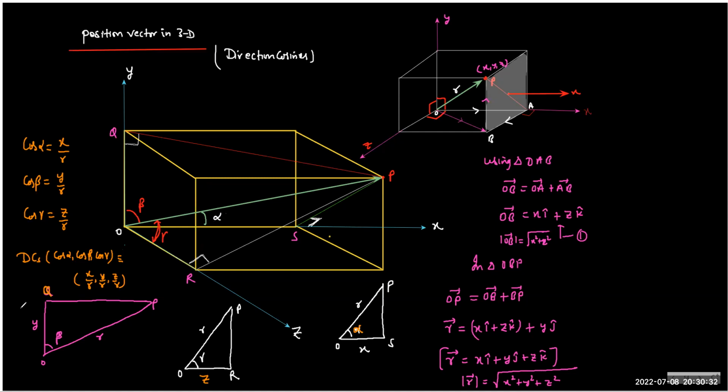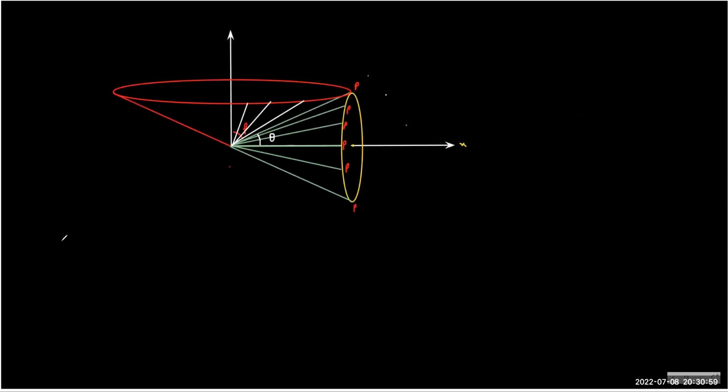Now the question is, sir, do we need to do this rigorous work to get the direction cosines? The answer is no. You do not need this much effort. So the obvious question is, is there any simple way? The answer is yes. So you must be thinking, what is that way? Let me show you.